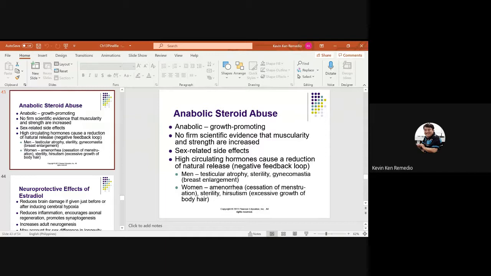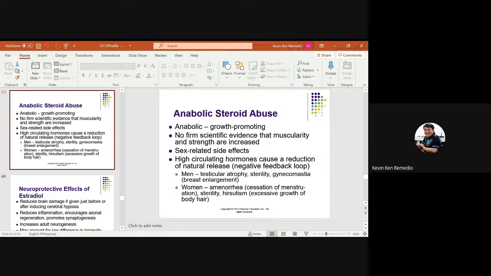Then there's a possibility that to continue that growth, we try to abuse by using steroids, right? Steroids in the market are highly regulated, no? However, when there is an abuse, it is called anabolic steroid abuse.